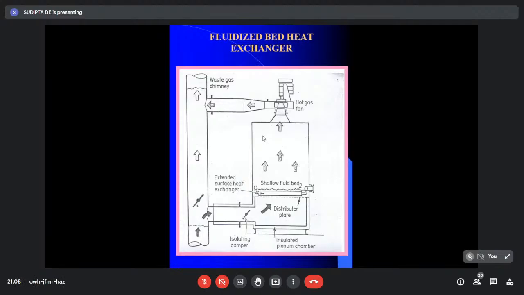Hence, designing fluidized bed heat exchange with optimized heat transfer and surface erosion has to be decided based on experience.